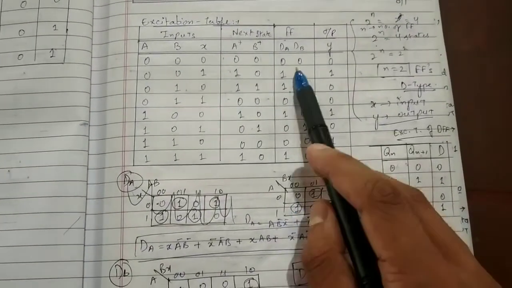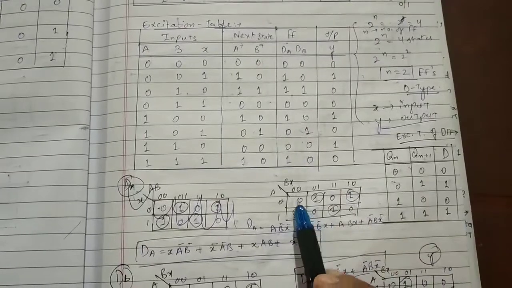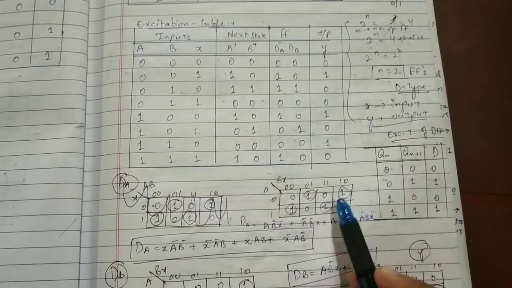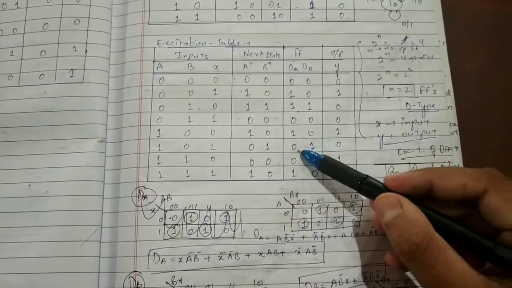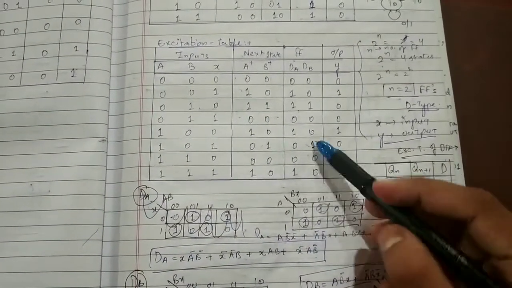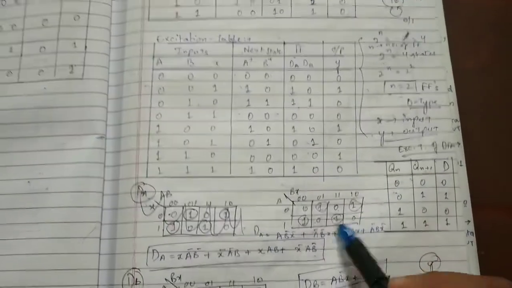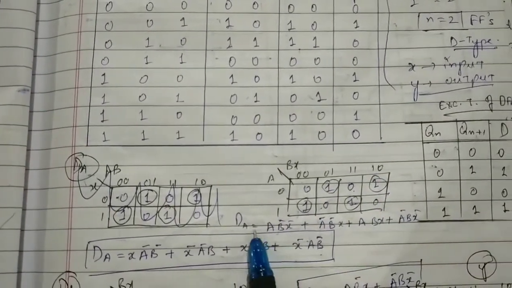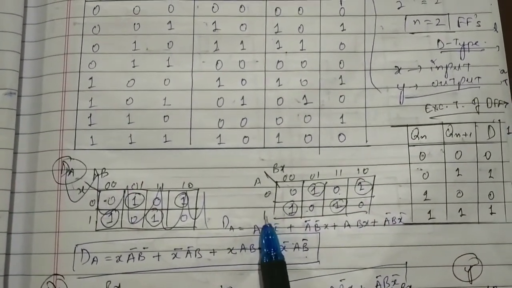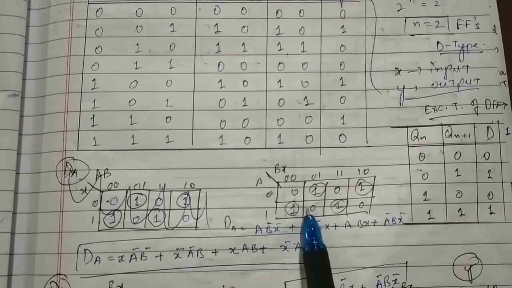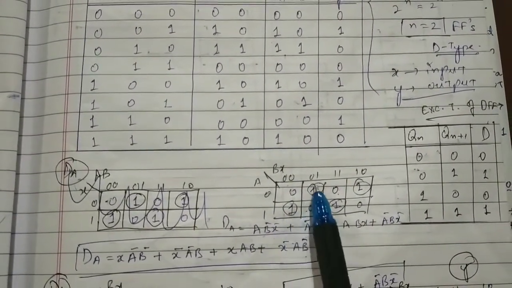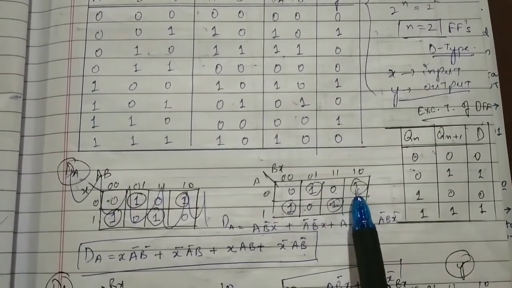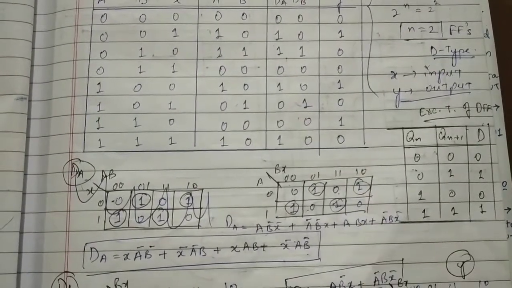For DA, we'll write these combinations: 0, 0, 1, 0, 1, 1, 0, 1, 0, 1, 0, 1, 0, 0, 1, 0, 1. After grouping these ones, these make individual groups. We can write DA as A B bar X bar, A bar B bar X, A B X plus A bar B X bar.